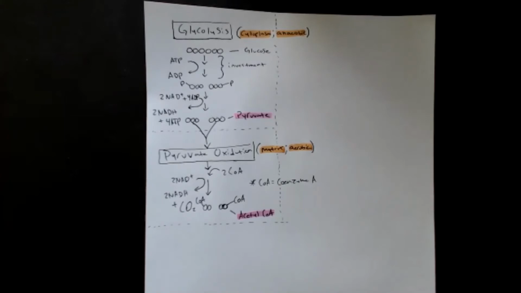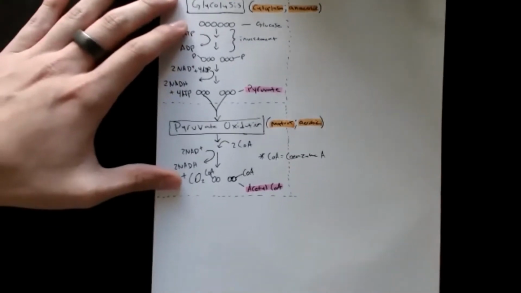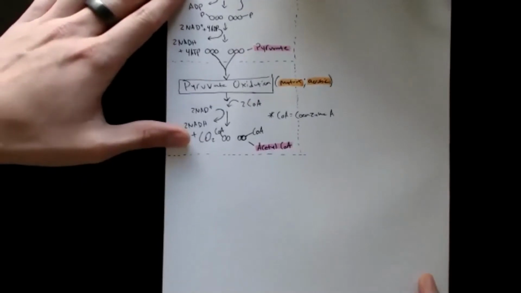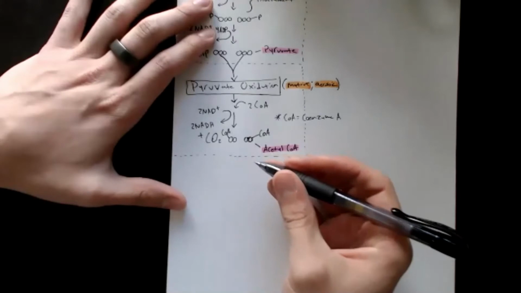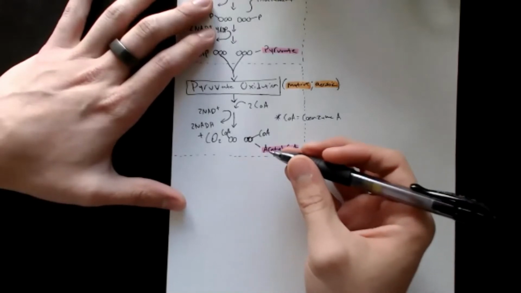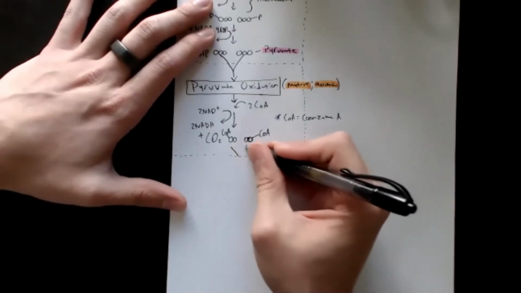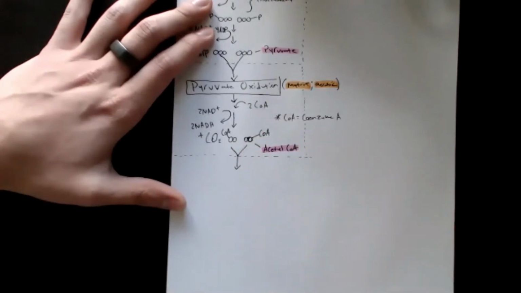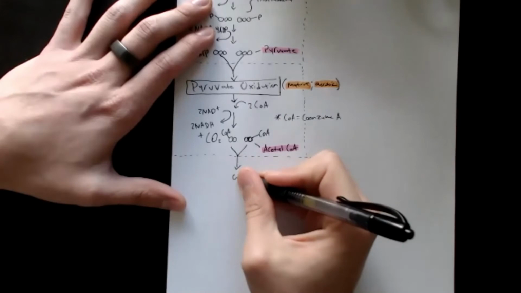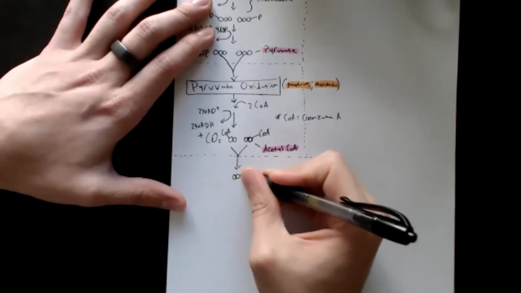You guys good so far? Cool. All right. So what's next? We've got the citric acid cycle. So what I'll do is I'll just draw an arrow here. So your acetyl-CoA. I'll just draw CoA here.